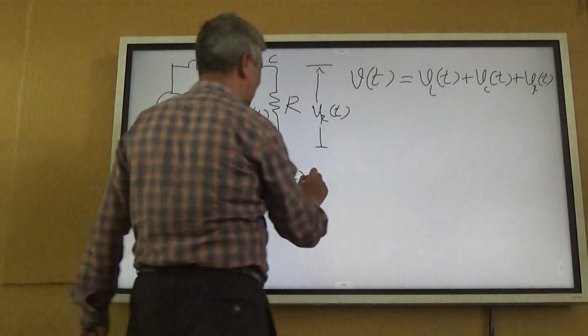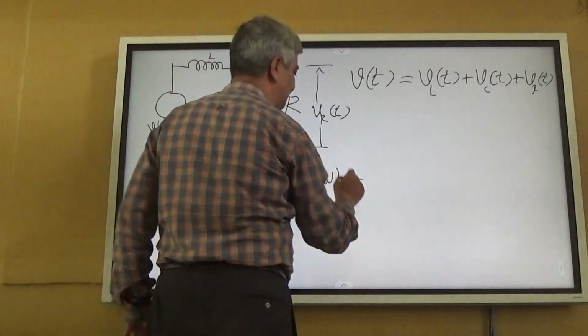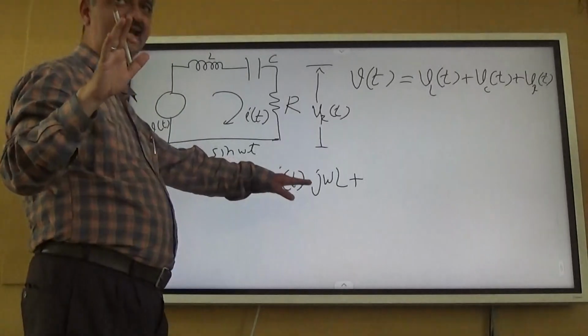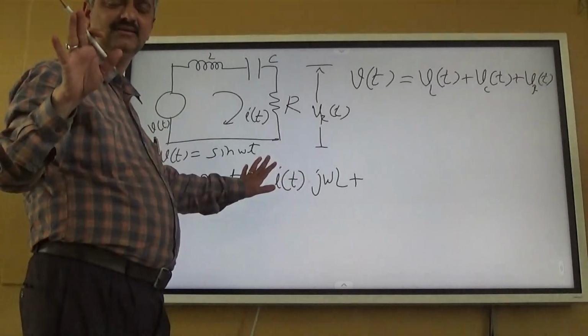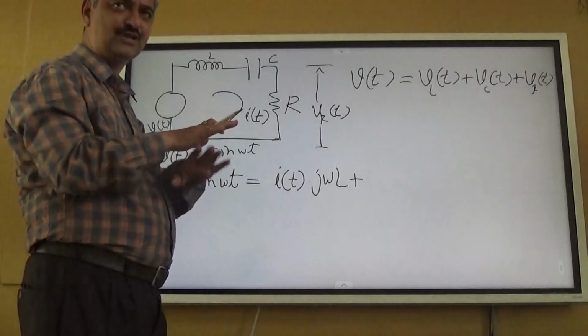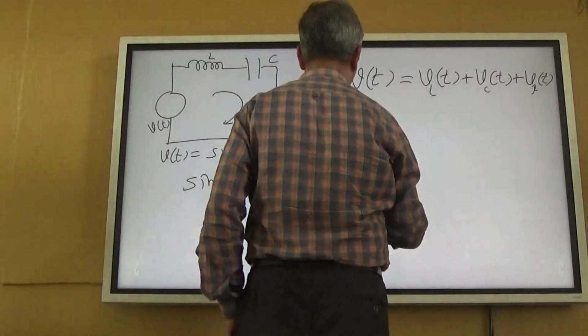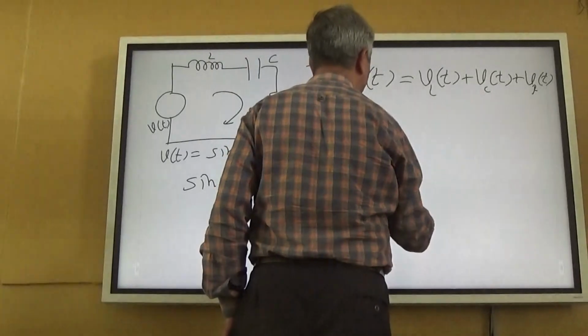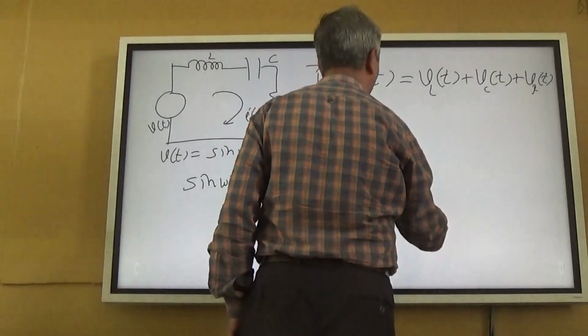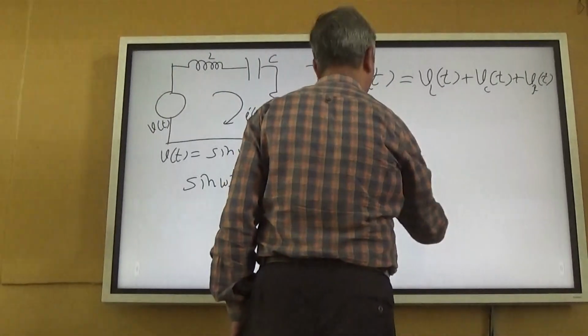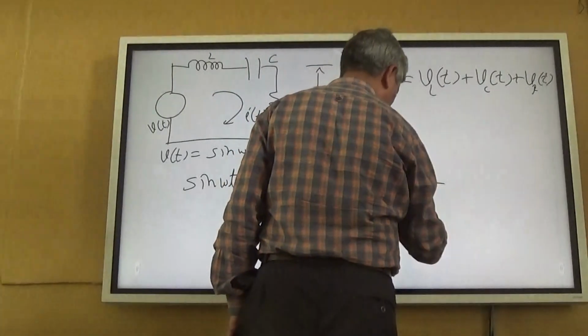So j omega L. It is very simple. Once you get the idea of j, it becomes a high school level problem. VCT is IT into 1 upon j omega C. Okay, either way you follow your own convention.